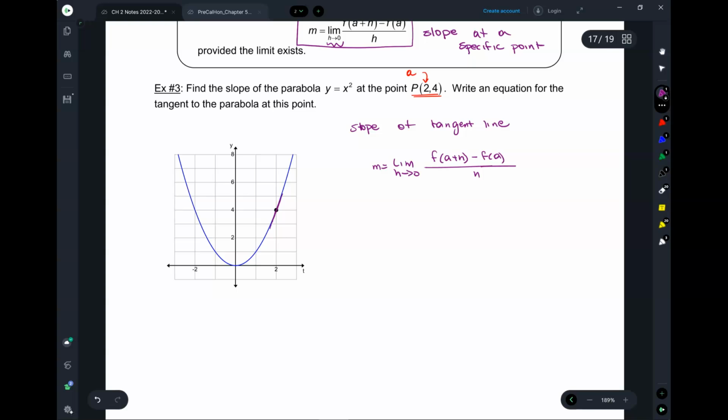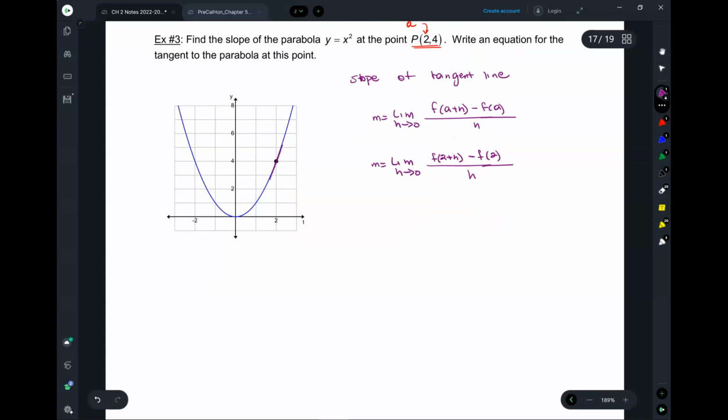So now, m is the limit as h approaches 0. F of, now a is how much? 2. 2 plus h minus f of 2 all over h. I haven't done any math right now. I've only substituted 2 for a. Now, let's try to do these.